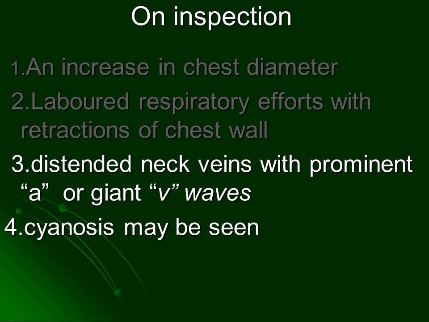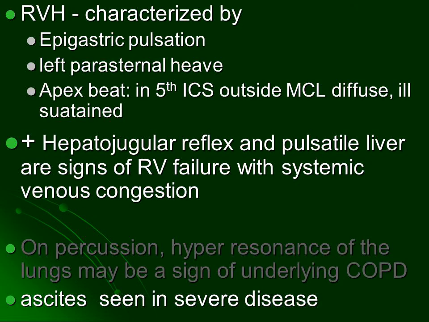Distended neck veins with prominent A or giant V waves. 4. Cyanosis may be seen. RVH is characterized by epigastric pulsation, left parasternal heave, and a diffuse apex beat in the fifth ICS outside the MCL. Hepatojugular reflex and pulsatile liver are signs of RV failure with systemic venous congestion.